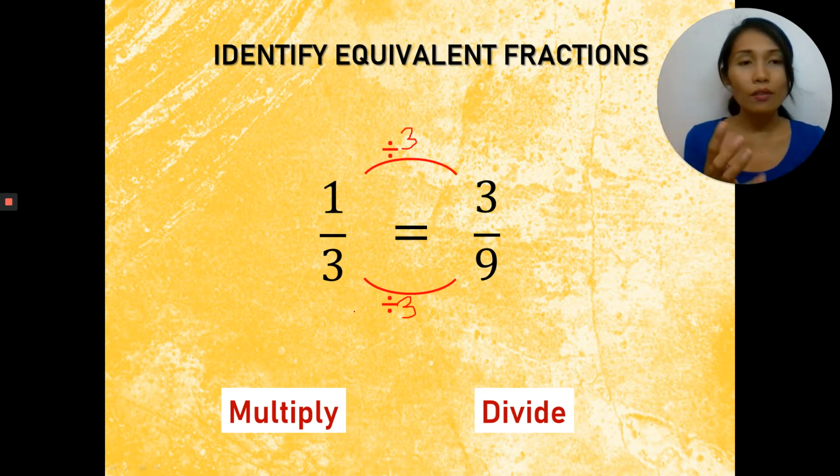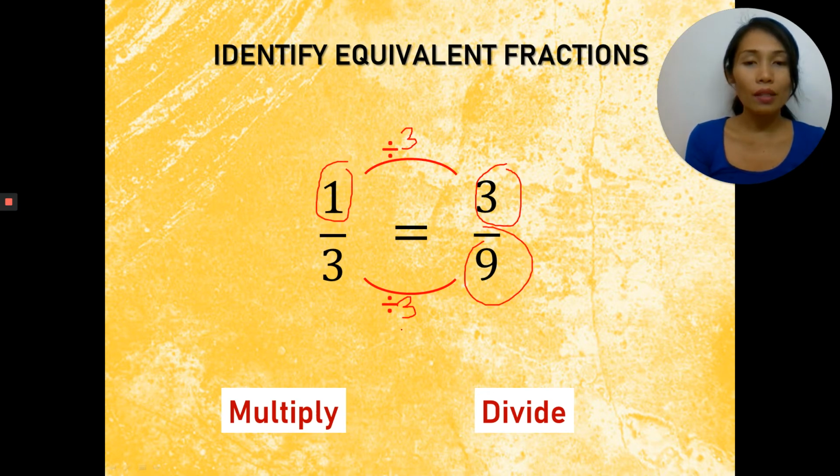So we will start from the bigger number. 3 divided by 3, not 1 divided by 3, not 3 divided by 1 either. Let's start with 3 divided by 3 equals 1. 9 divided by 3 equals 3. So it is correct. All right, that's how to use multiplication and division in finding equivalent fractions.